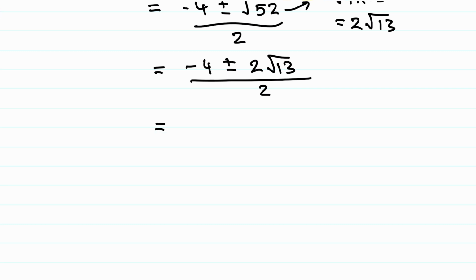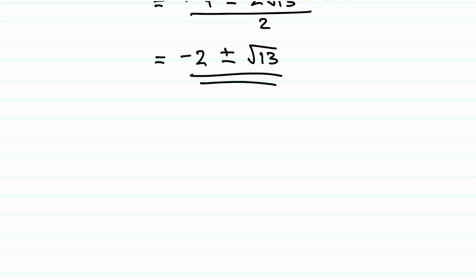So minus 4 divided by 2 is minus 2, plus or minus 2 root 13 divided by 2, well, that's just going to be root 13. And so that would be our solution. And when we have a plus or minus here, well, we can just remember that that's basically giving you two solutions, isn't it? Minus 2 plus root 13 and minus 2 minus root 13.